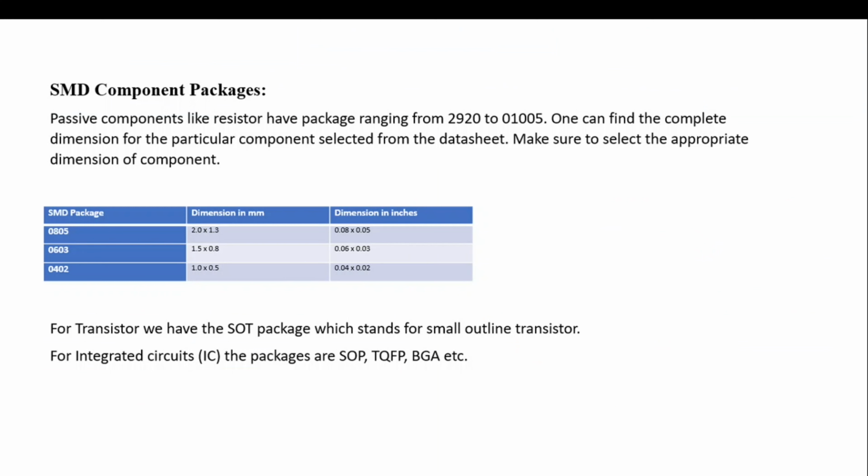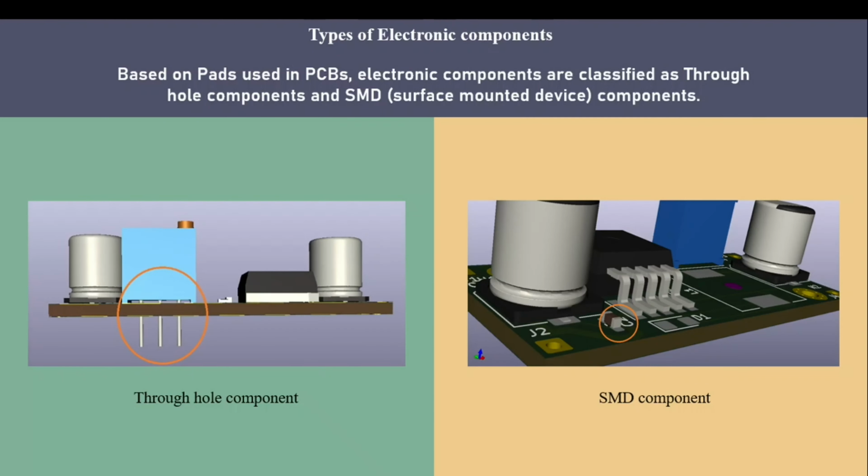Let's look at the packages available in this SMD component. If you see this capacitor and this D1 diode, they have a different size. So this depends on the package which we are choosing. It may also have a different package. For example, this IC has a different package with 5 pins.